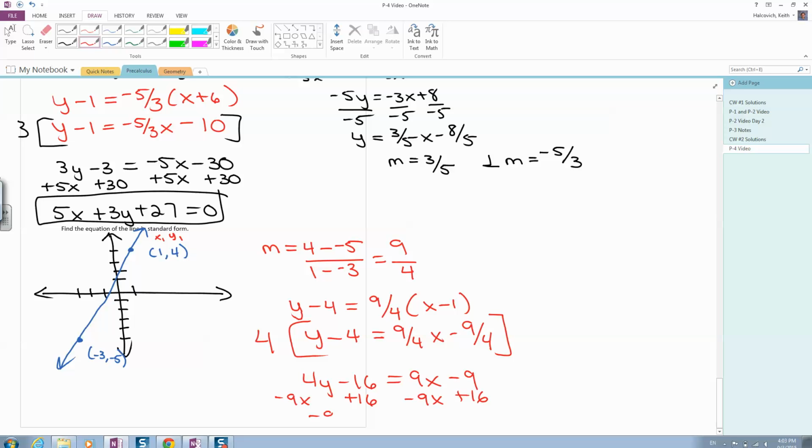And so you get -9x plus 4y equals 7. Now if you move stuff around the other direction, you could potentially get 9x minus 4y equals -7, and that's okay as well. Either one is fine.